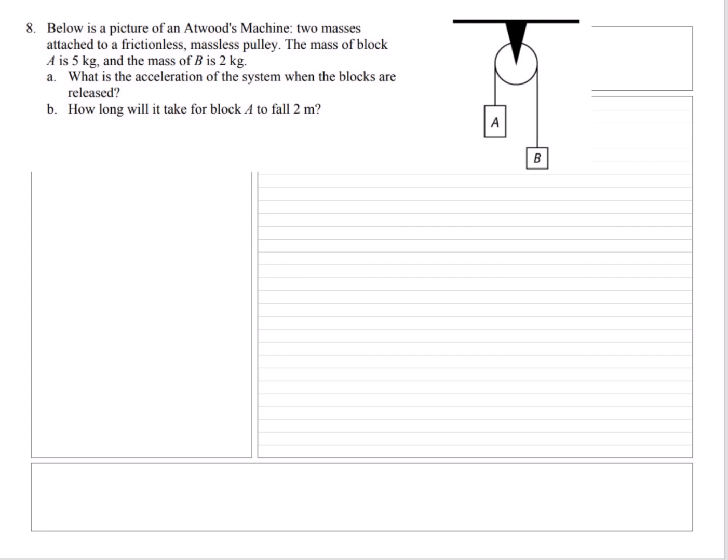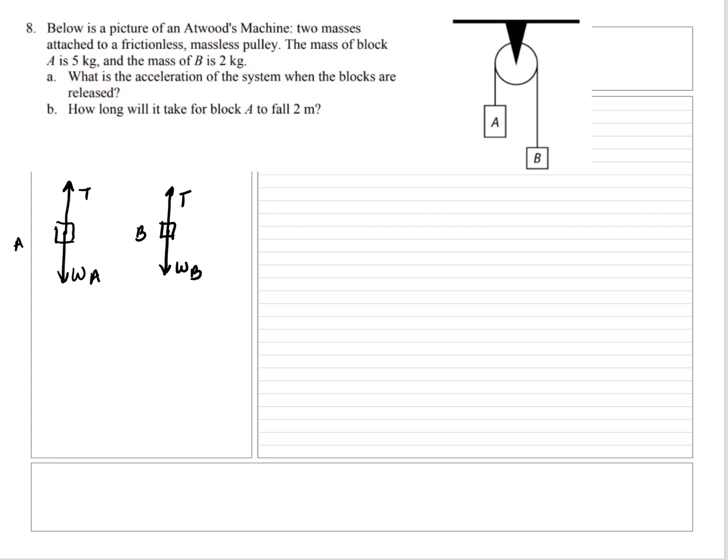Since there are two objects, we have to draw two free body diagrams. So for object A, we're going to have weight going down, perpendicular to the earth, and we have tension pulling it up. For object B, we are going to have weight, WB, pulling it down, tension pulling it up.